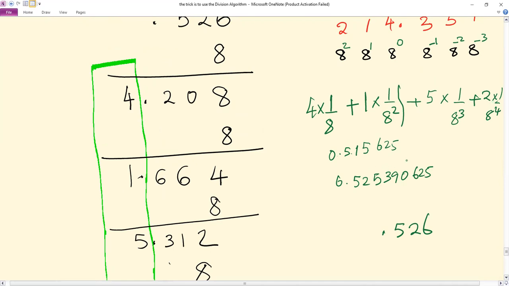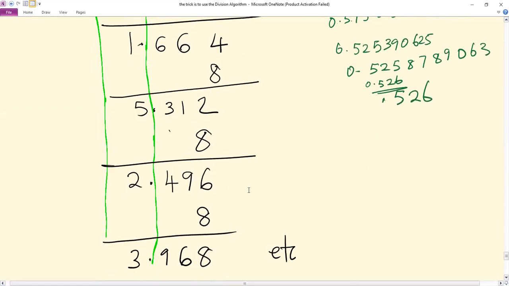That will give you 0.525878906. Now you see, when you round this off to 3 decimal places, you get 0.526, which is the same number that was given. So we have to stop at this point, so that what we have agrees with our decimal number.